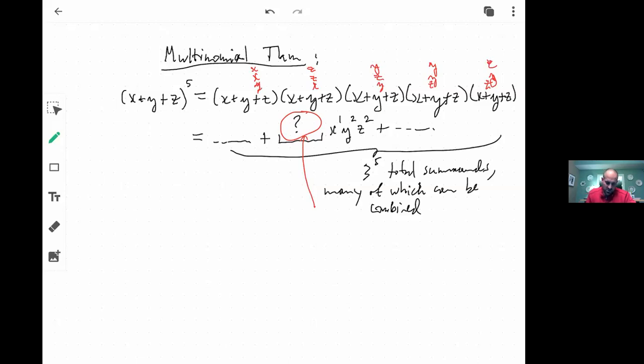Okay, so that coefficient right there is going to be the number of ways to arrange x, y, z, z. Okay, because up here this was like an etc., right?